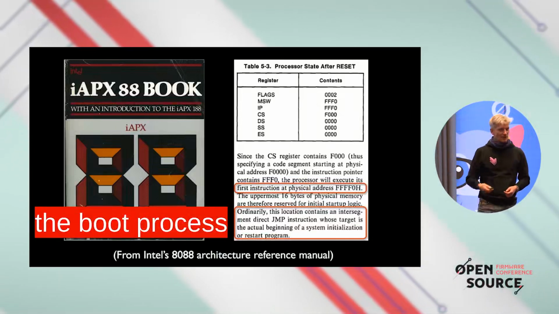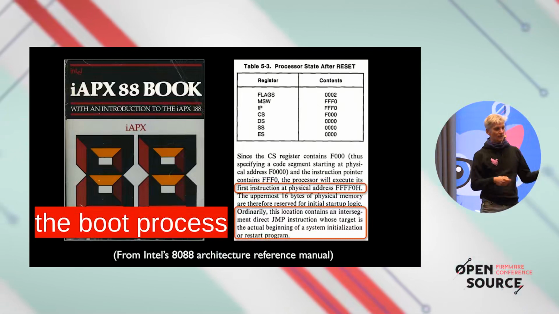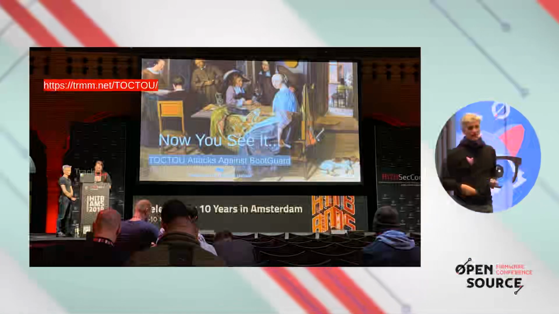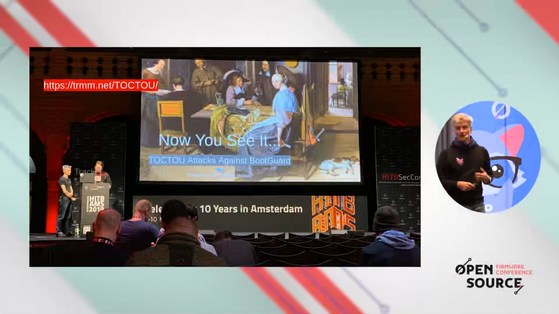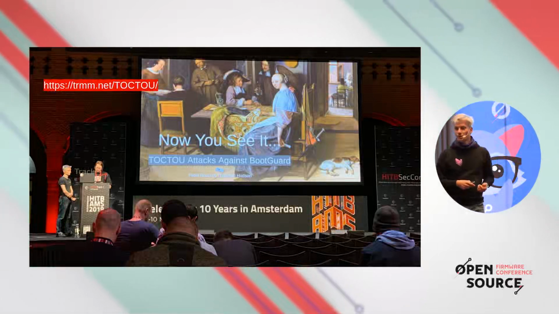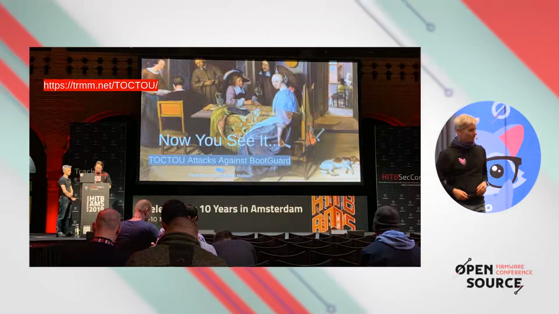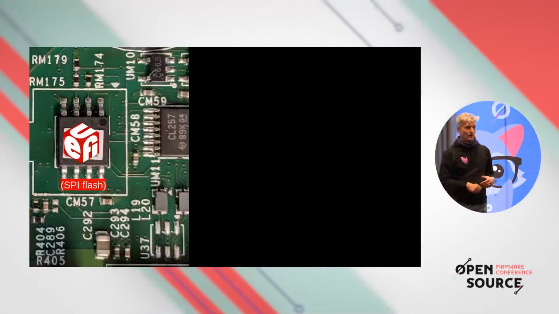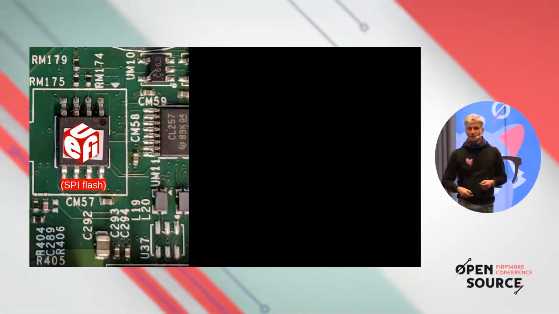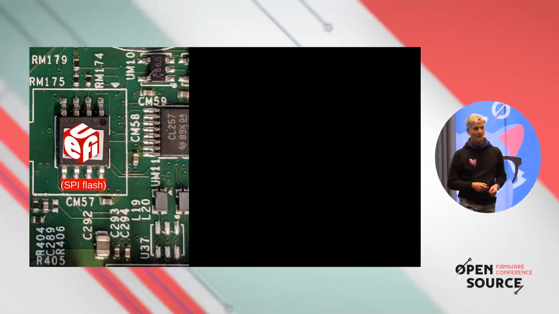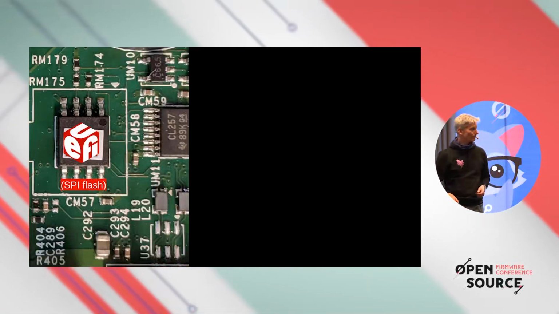There's some stuff that happens during boot at the reset vector, and I've actually got another talk about that from when I researched how Boot Guard worked, but we're going to skip all of that and just jump to the part where UEFI has been loaded from the SPI flash and has booted the computer.